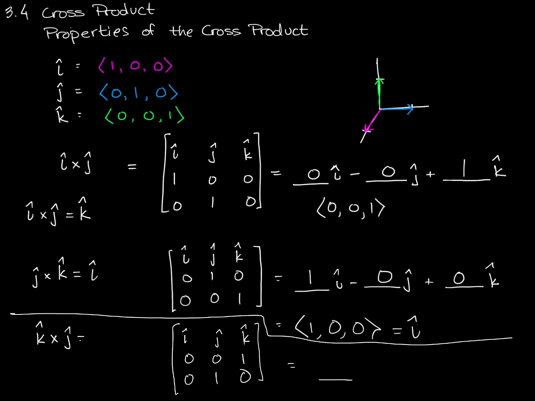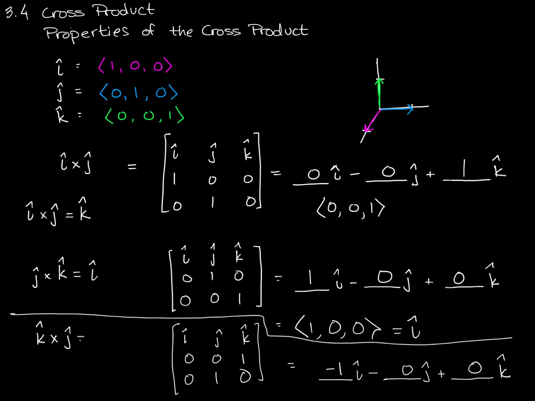And that's going to give me, cross out i, I get 0 minus 1, and then for j, I get 0, and for k, I get 0.